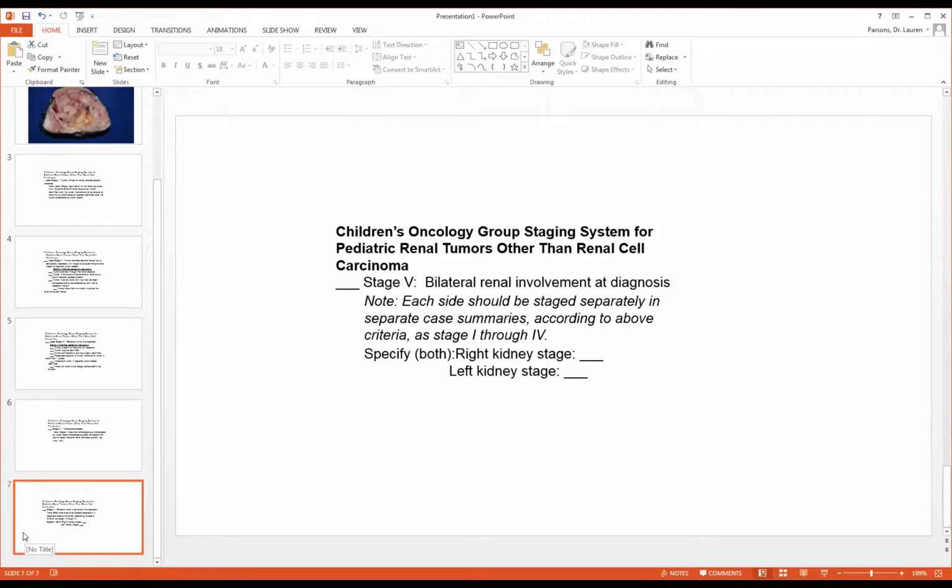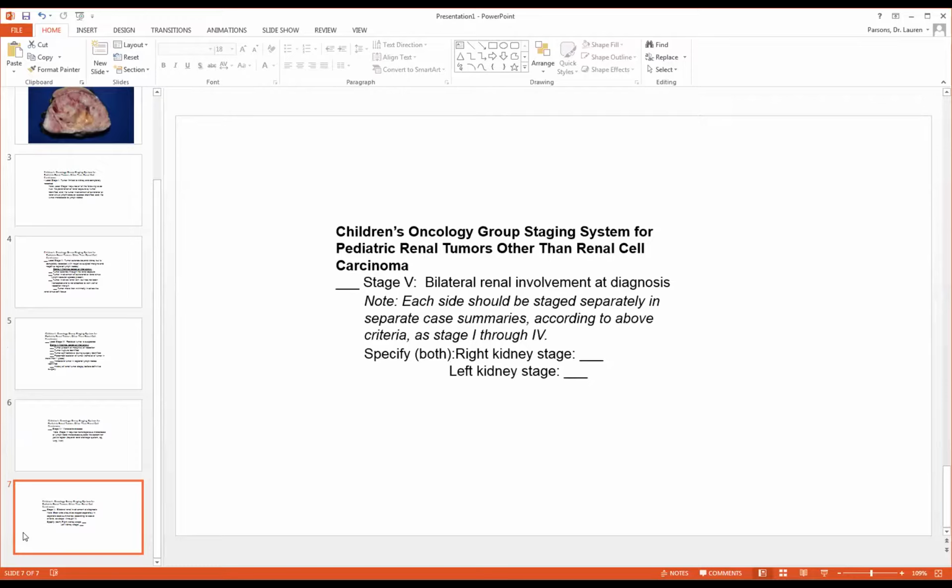Stage 5 just means that both of the kidneys are involved by tumors at the time of diagnosis. Now you have to individually stage each of those kidneys when you are evaluating them. So it would be clinical stage 5 and then local stage 1, 2, 3, or 4.